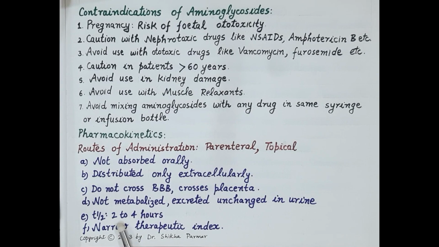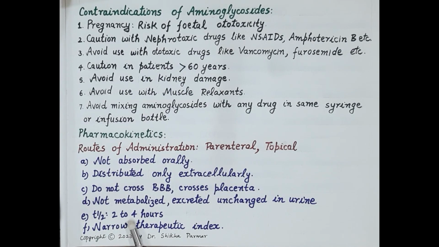Half-life of aminoglycosides is 2 to 4 hours, but longer duration of action is seen because of the post-antibiotic effect. This we have already discussed. Aminoglycosides exhibit a narrow therapeutic index, so doses should be carefully calculated. So, these are certain important pharmacokinetic features of aminoglycosides.